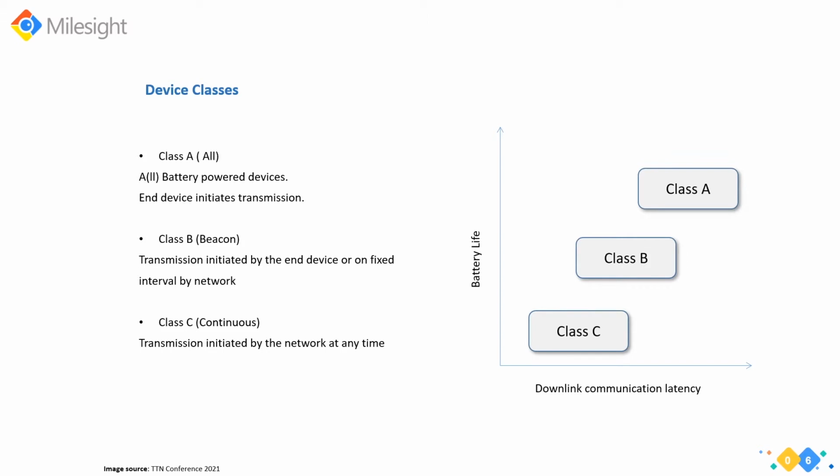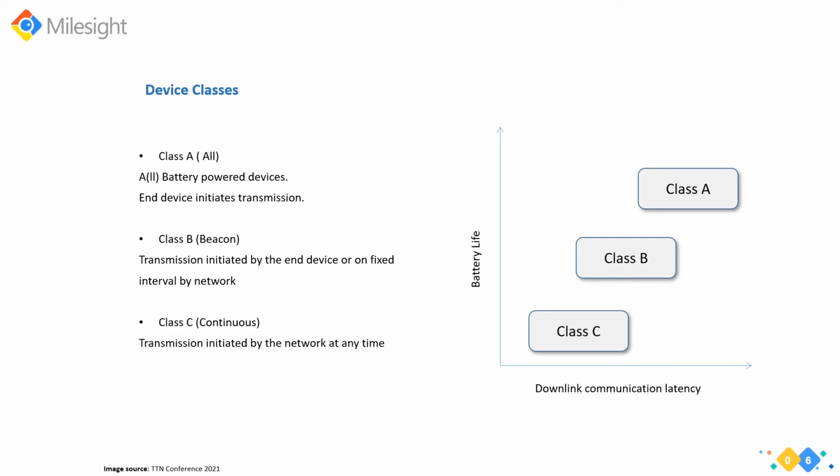Any device can initiate a transmission and send an uplink message at any time. This is typically used by devices like manhole covers or trash can monitoring. They can sleep most of the time, for several hours or even a few days, between messages, so it is very power saving for these applications.